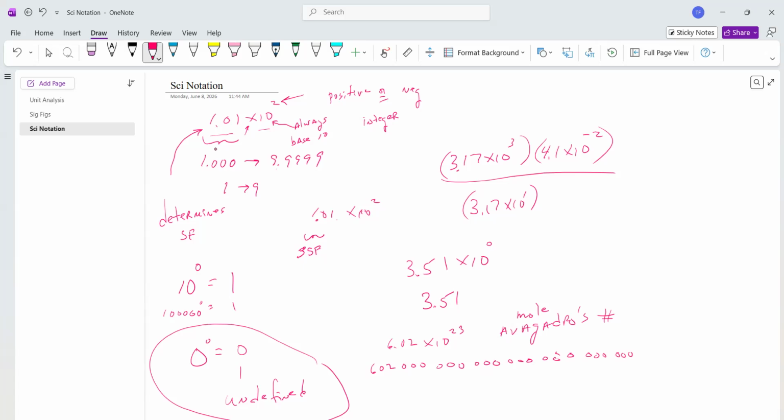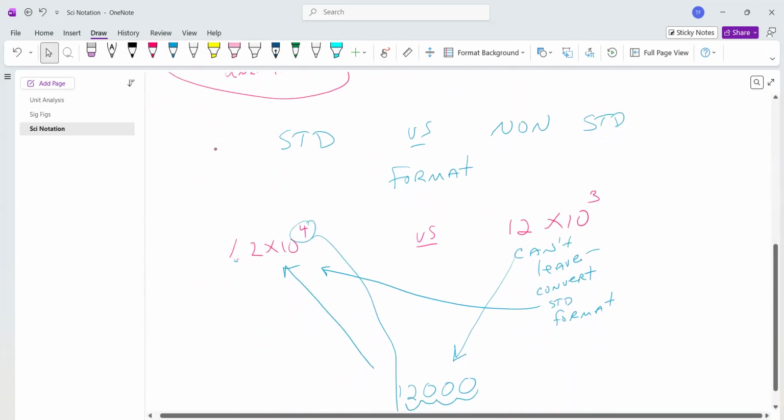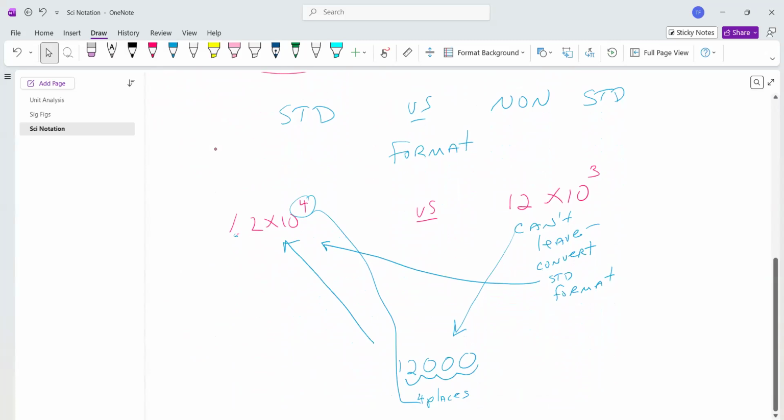Okay, what if it's not in standard notation? There's usually a bunch of zeros, either leading or on the following end.